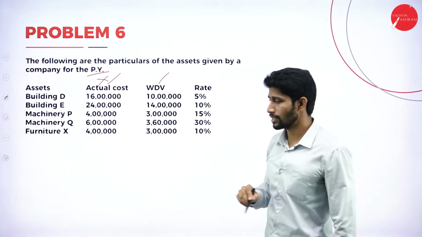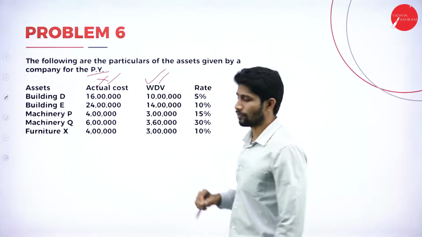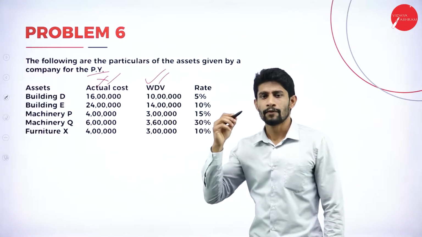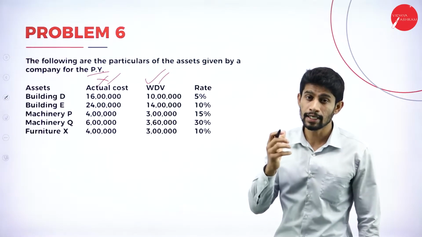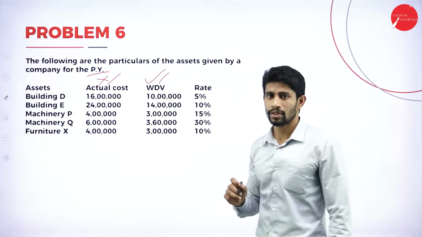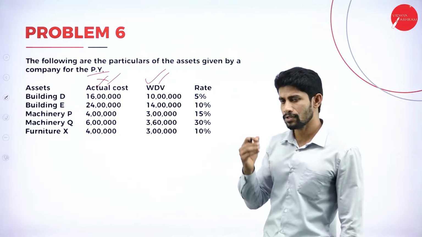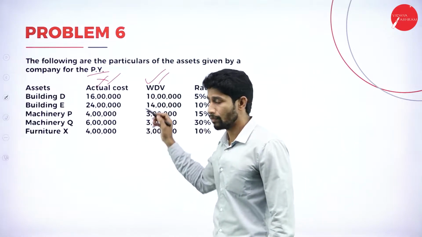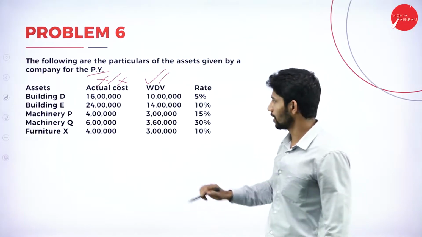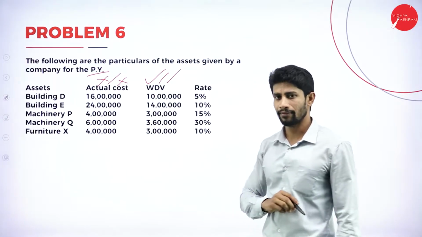We are supposed to consider the written down value of the asset, the WDV value. To confuse you, in exams, they will give you the actual cost, but you are not supposed to consider the actual cost. You have to consider the WDV value.